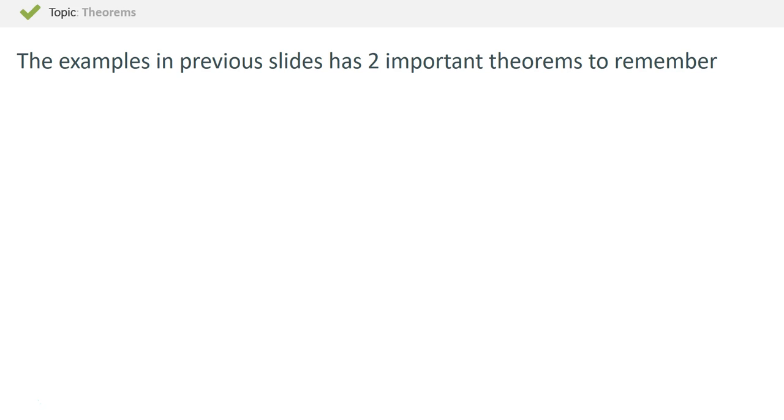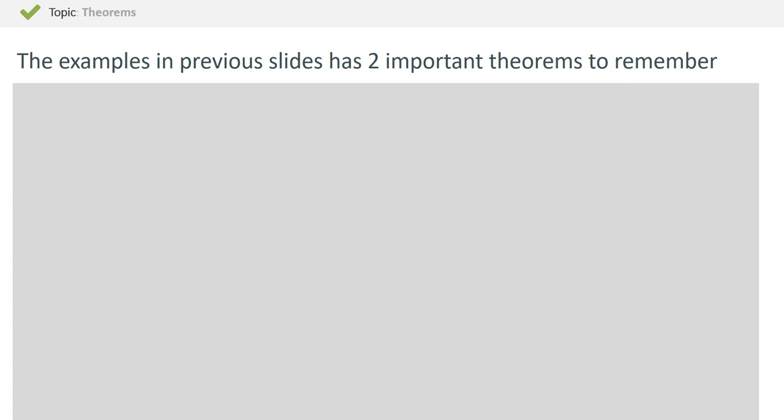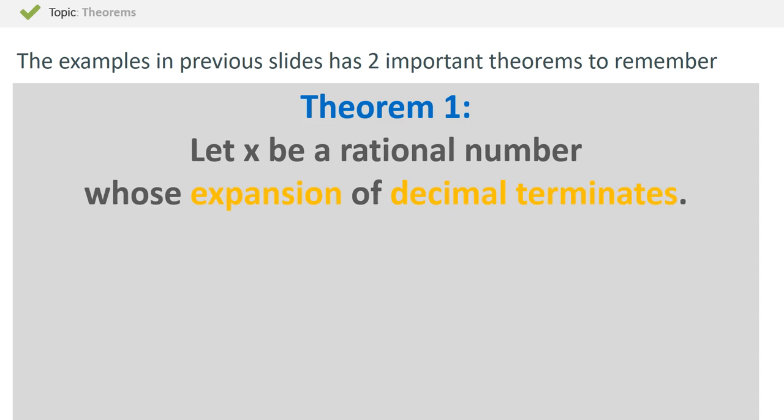Now let's try to understand some theorems with the examples, right? The examples in the previous slide give two important theorems to remember. Theorem 1. Let x be a rational number whose decimal expansion terminates.